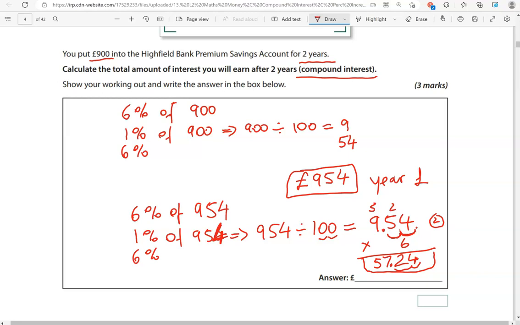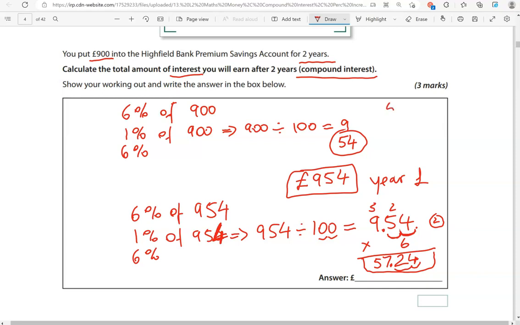The question is asking to calculate the total amount of interest. So we're looking at interest at the end of year 1, that was £54, and at the end of year 2 that was £57.24.